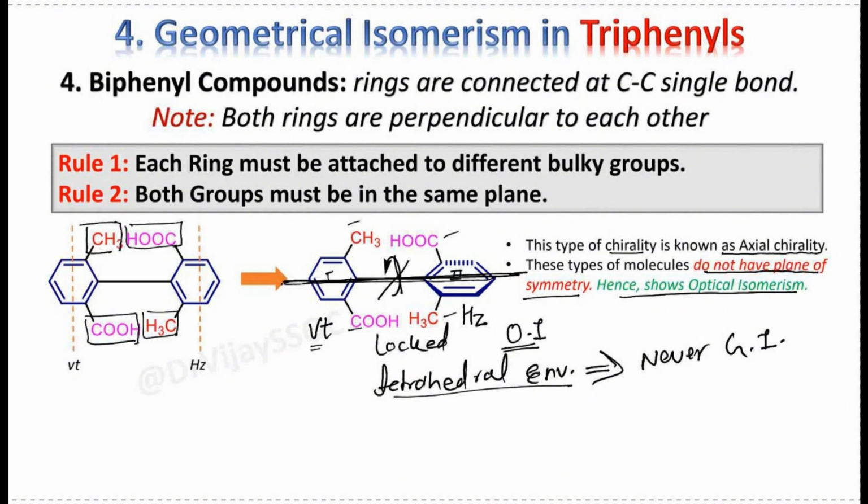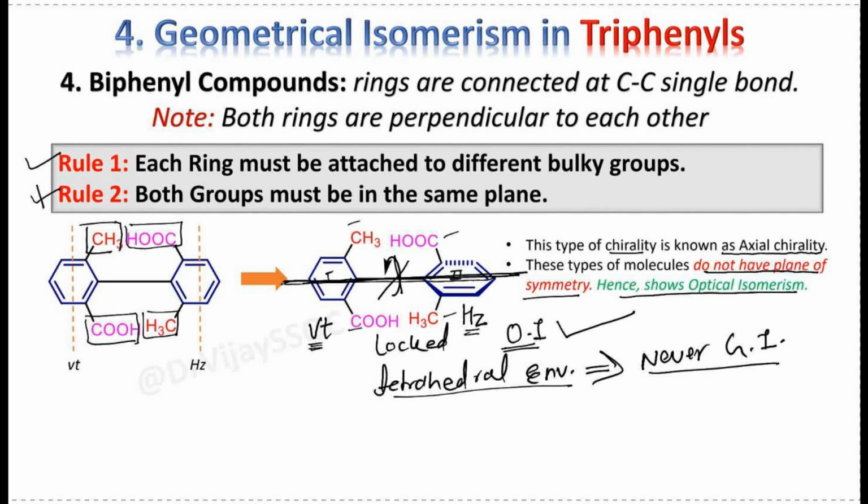So here it is satisfying rule number 1. It is not satisfying rule number 2, which says that both groups must be in the same plane, because this group is in the vertical, this is in the horizontal, and it has a tetrahedral environment. So no geometrical isomerism, only optical isomerism.